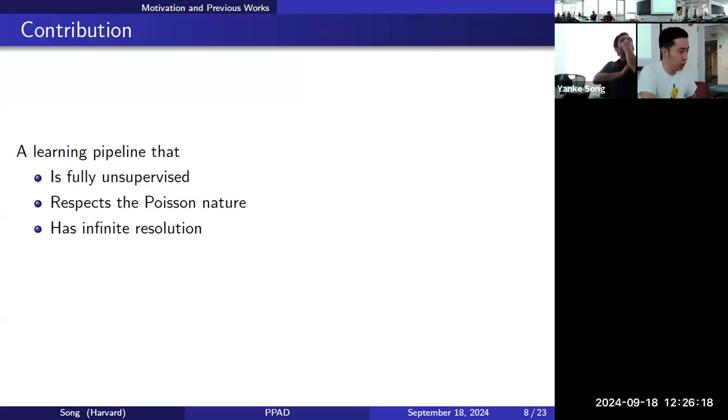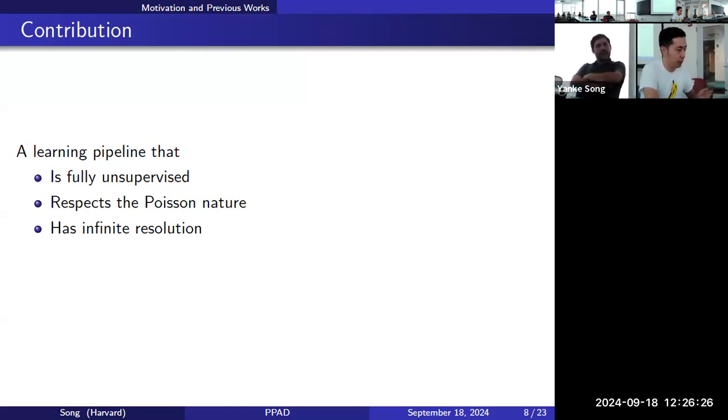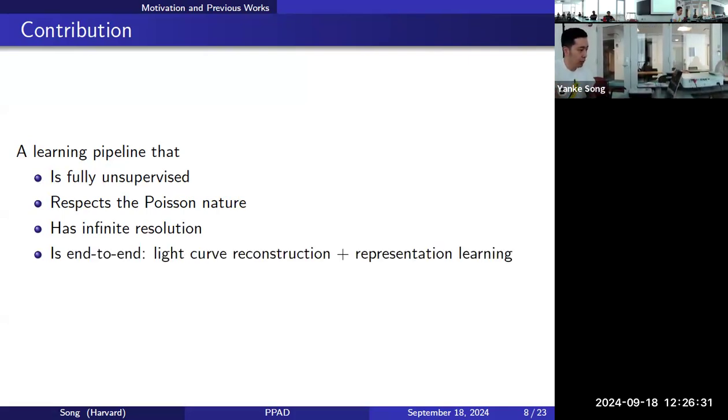It has infinite resolution, meaning that conceptually it can reconstruct a very smooth light curve without the artifacts created by the Gregory-Loredo algorithm. It is end-to-end, meaning that it does light curve reconstruction plus representation learning at the same time.